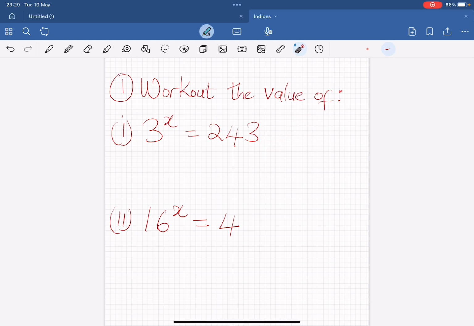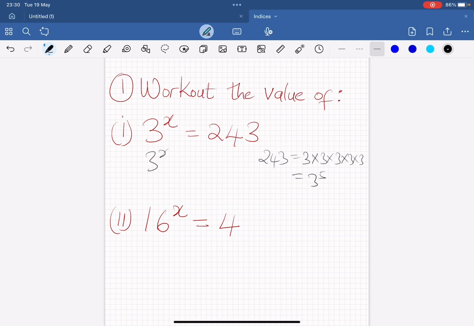So this means that it requires us to break down 243. 243 is basically 3 times 3, that's 9, times 3, that's 27, times 3, that's 81, times 3, that's 243, which means that we can conclude that 243 is 3 to the power 1, 2, 3, 4, 5.